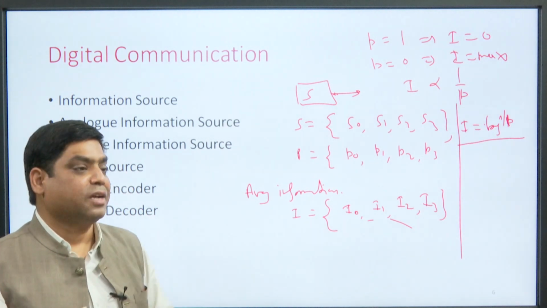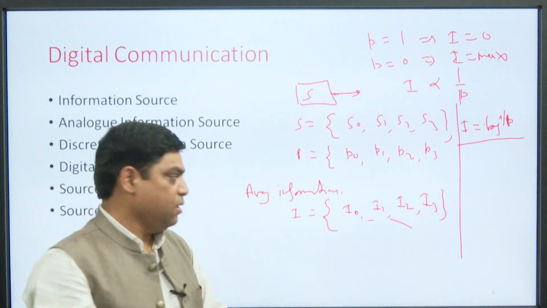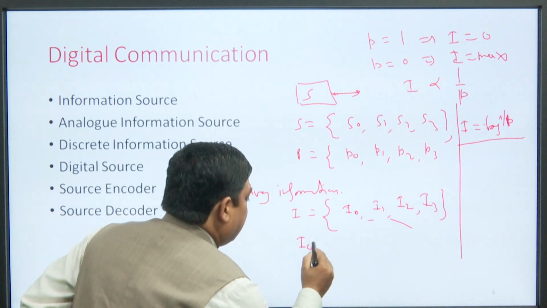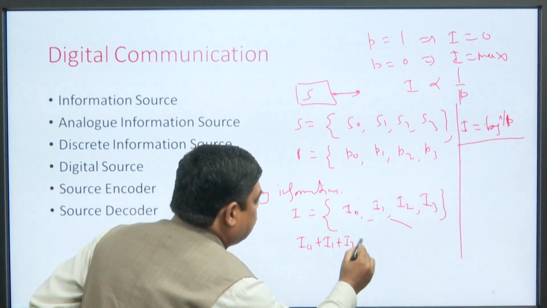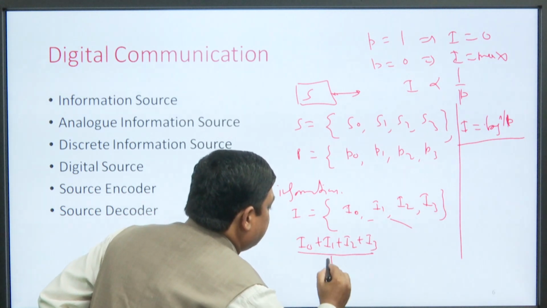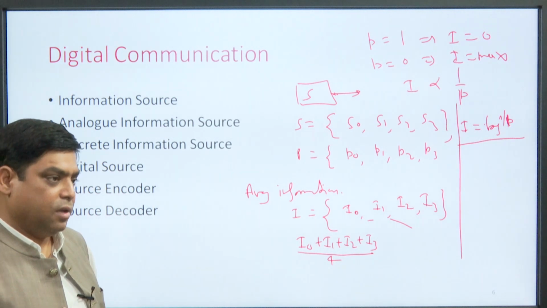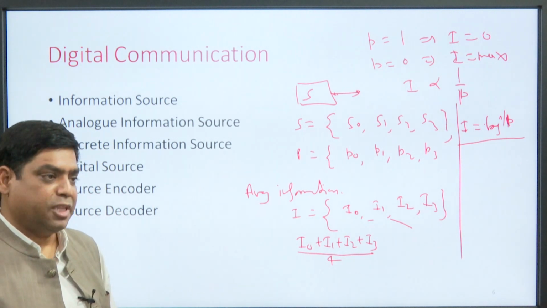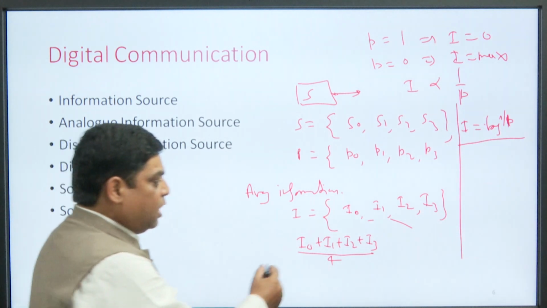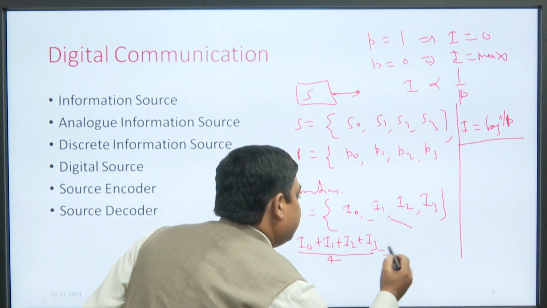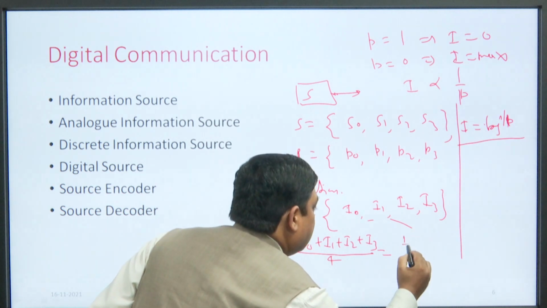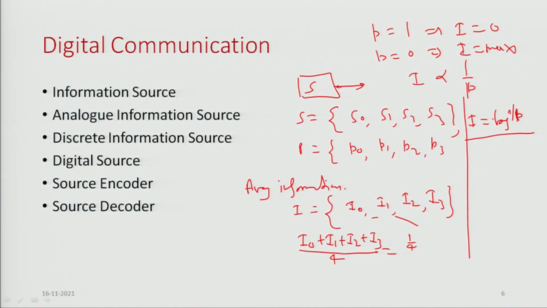Basically, to find the average we multiply every component of information by 1 by 4: 1 by 4 I0 plus 1 by 4 I1 plus 1 by 4 I2 plus 1 by 4 I3.